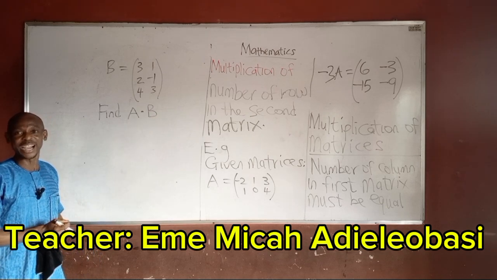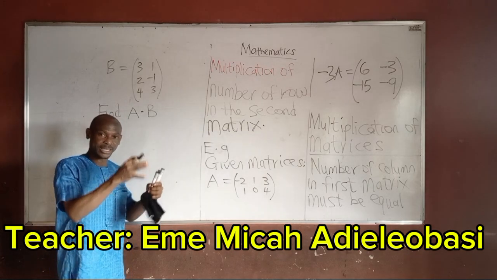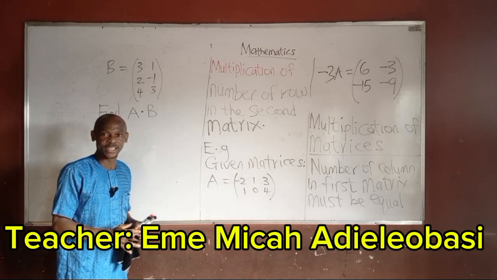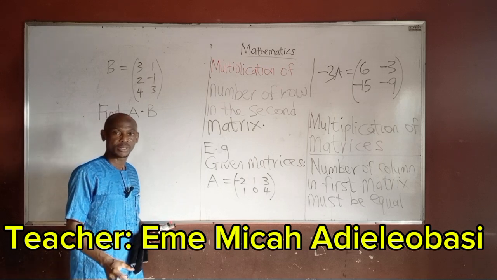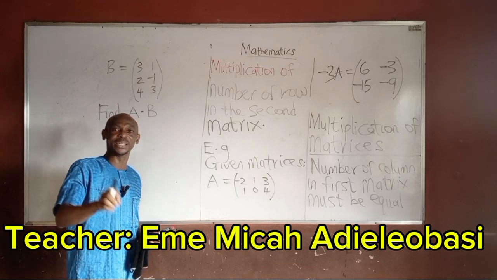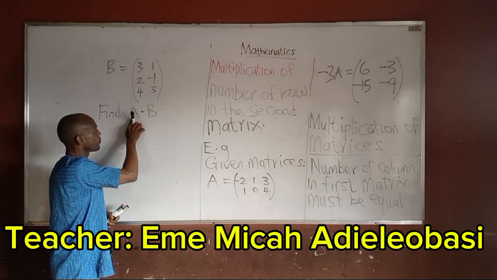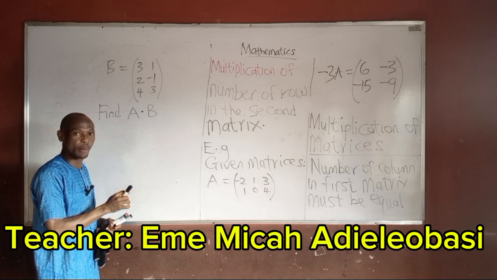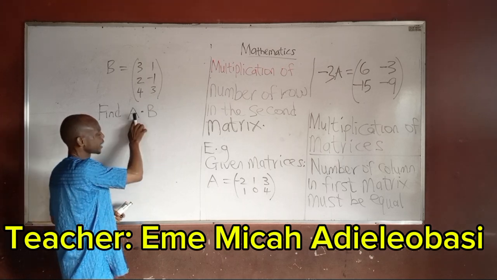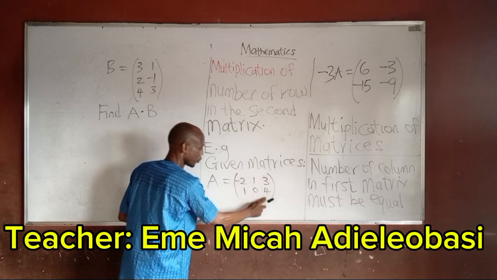Now let's see, can we multiply A and B? First, you must try to identify if they are compatible for multiplication. And what is that compatibility? The number of columns in the first matrix is how many? 1, 2, 3.